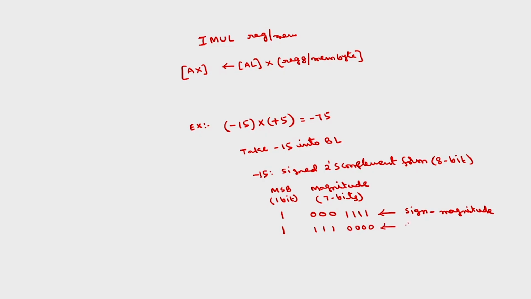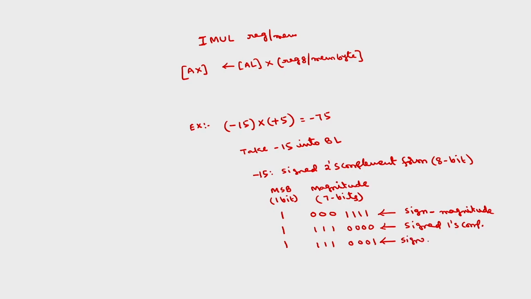This is called signed 1's complement representation. Then for signed 2's, the MSB is 1 and you take the 2's complement, meaning 1's complement plus 1, so you add 1 to the LSB.